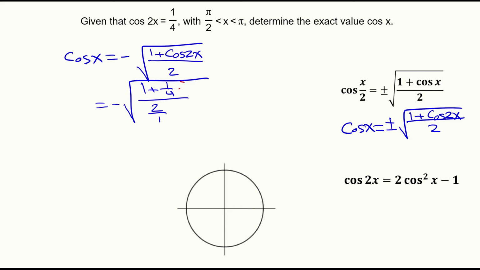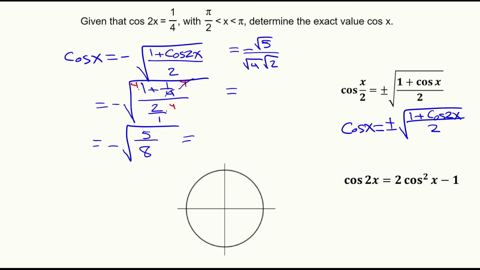Now we're going to multiply everything by 4 on top and bottom, and we end up with negative square root of, these will cancel out, so we get 4 plus 1, which is 5 over 8, which is negative square root of 5 over square root of 8, which will break up as the square root of 4 times the square root of 2.